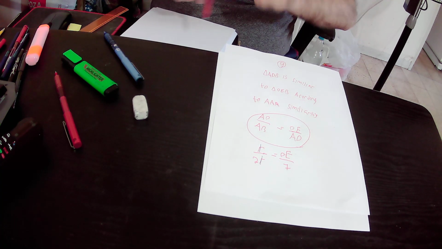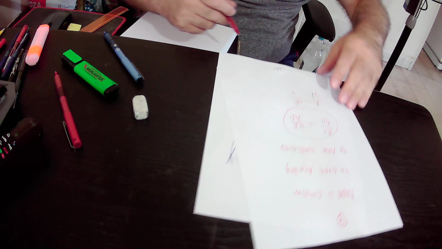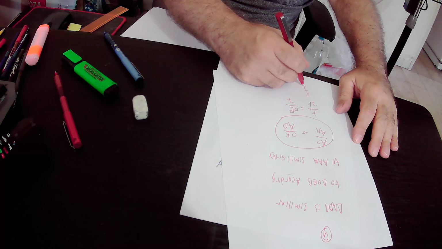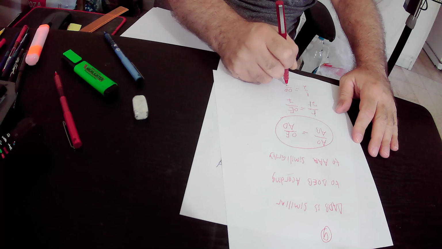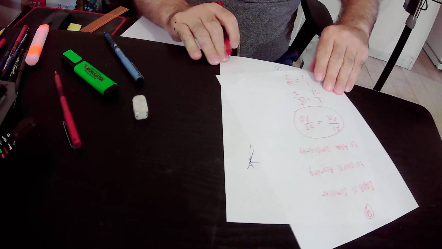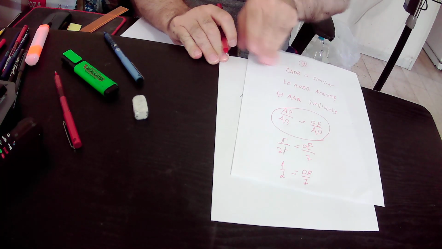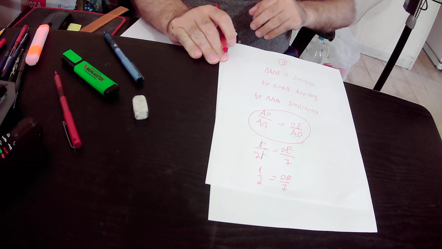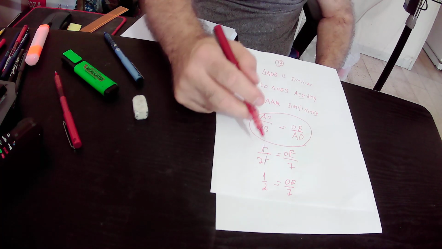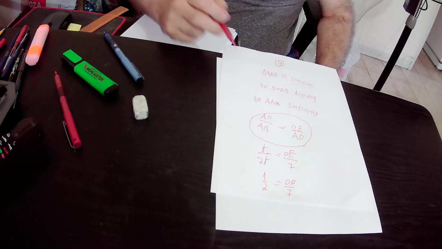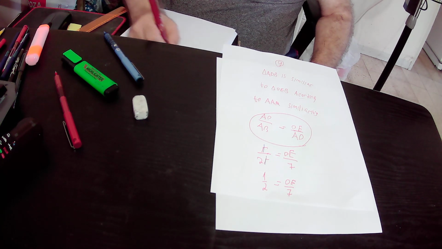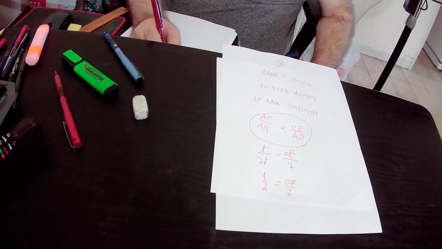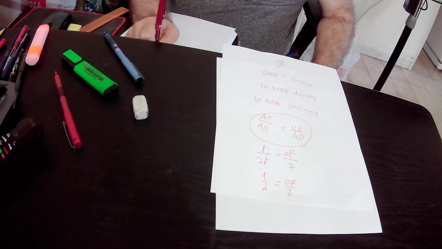So in total we got that 1 over 2 equals OE over 7. Here we will multiply the equality by 7, and we will get that 7 over 2 equals OE.